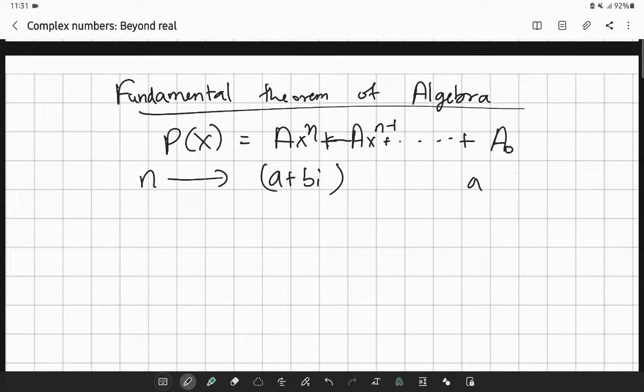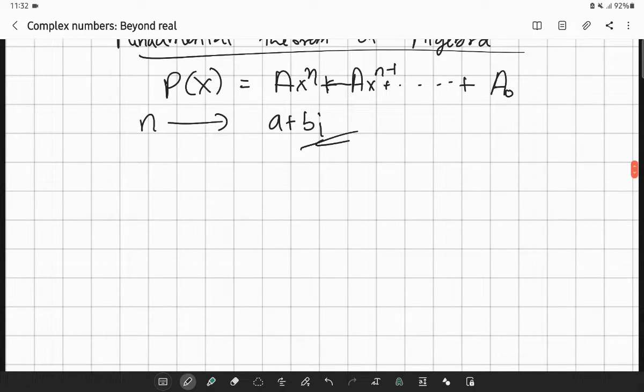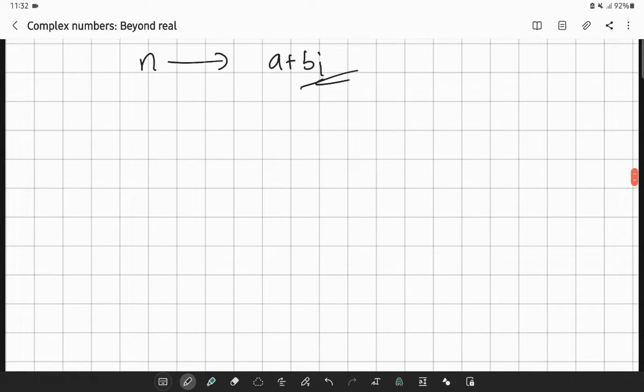It can be purely imaginary or purely real, but in general it's like this. So one of the fundamental theorems of mathematics depends on the existence of complex numbers. Without them, mathematics is not complete. Okay, anyway, let's move on and study complex numbers now.